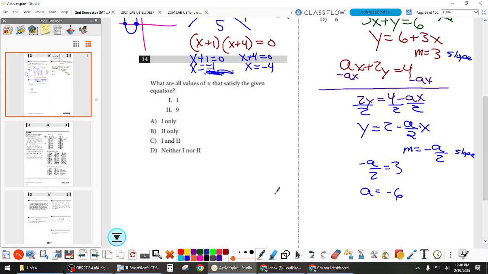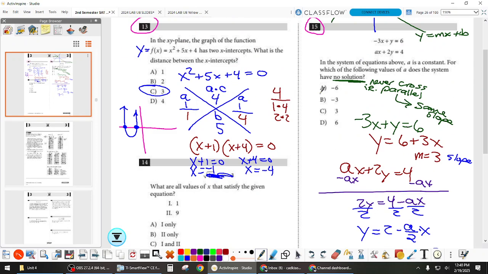It's negative 6. Why negative 6? Yeah, if you multiply both sides by 2, you'll get negative a equals 6, and then we have to get rid of the negative sign. So a is negative 6, just basically change spots. What do you think of that one?